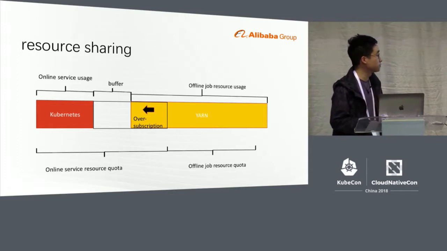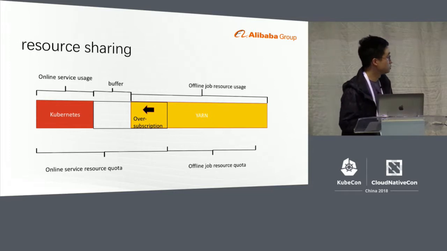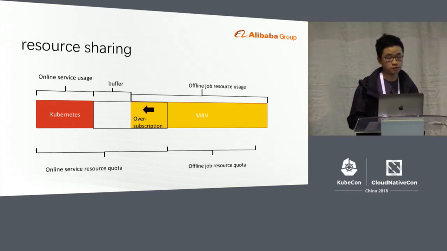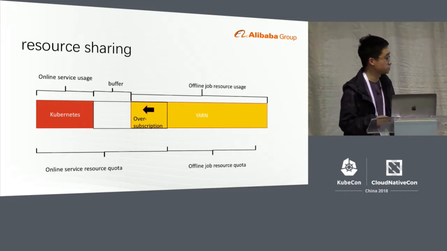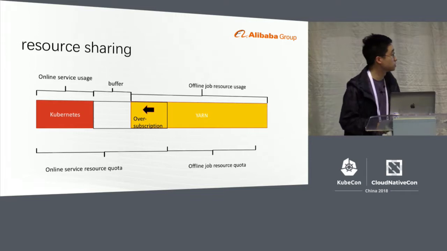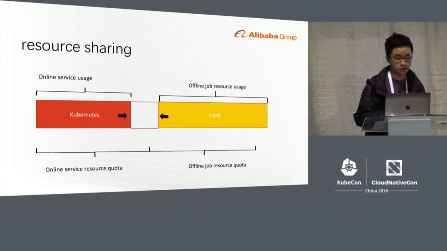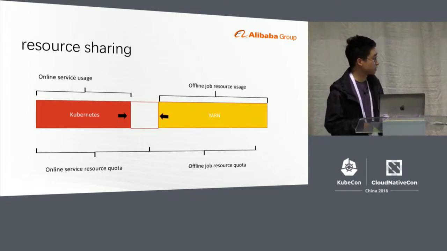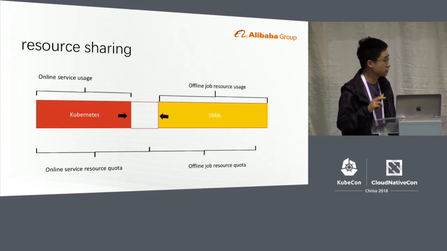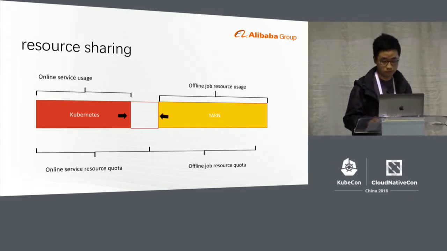Sometimes there will be oversubscription to be distributed to other tasks, because by definition, it's an opportunity the user is expecting. When Kubernetes grows, it will be adjusted automatically to delete some of the jobs.